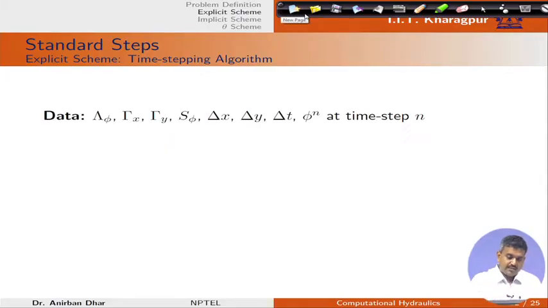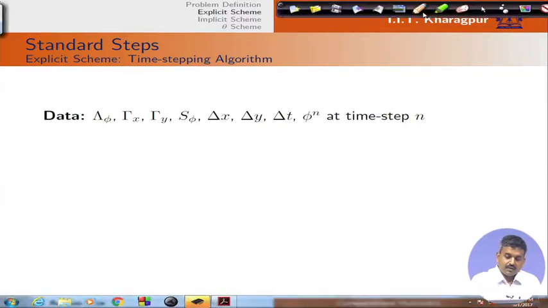In this case, what are the things that are available? We have lambda phi, gamma x, gamma y, s phi, del x, del t, del y, del t, phi n at time step n. That means, we have n equals to 0.